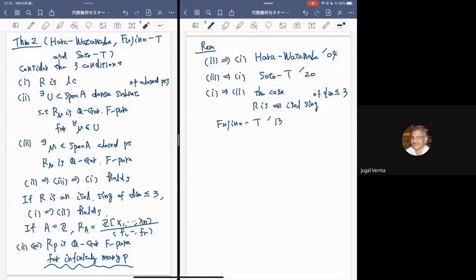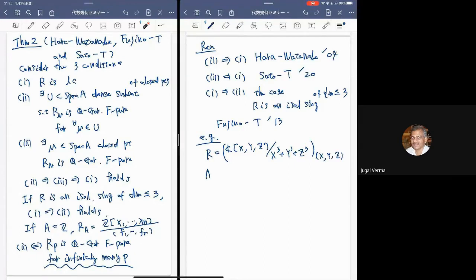Anyway, this is the history, and let me show you a baby example, which I already explained in the last talk. Let R be the quotient of a three-dimensional polynomial ring by x cubed plus y cubed plus z cubed, and take localization.